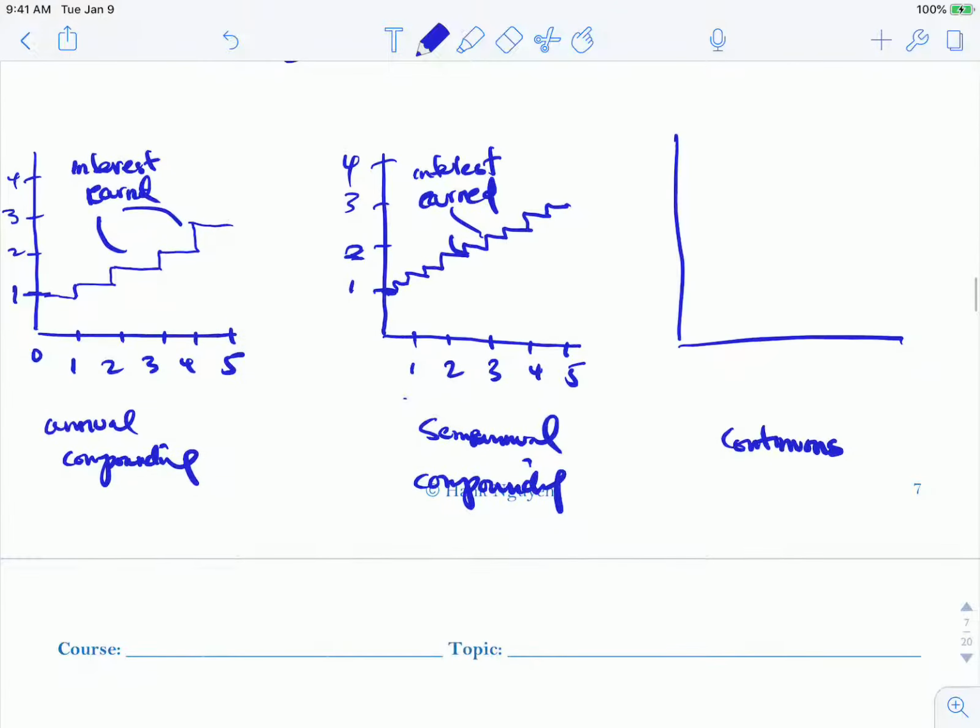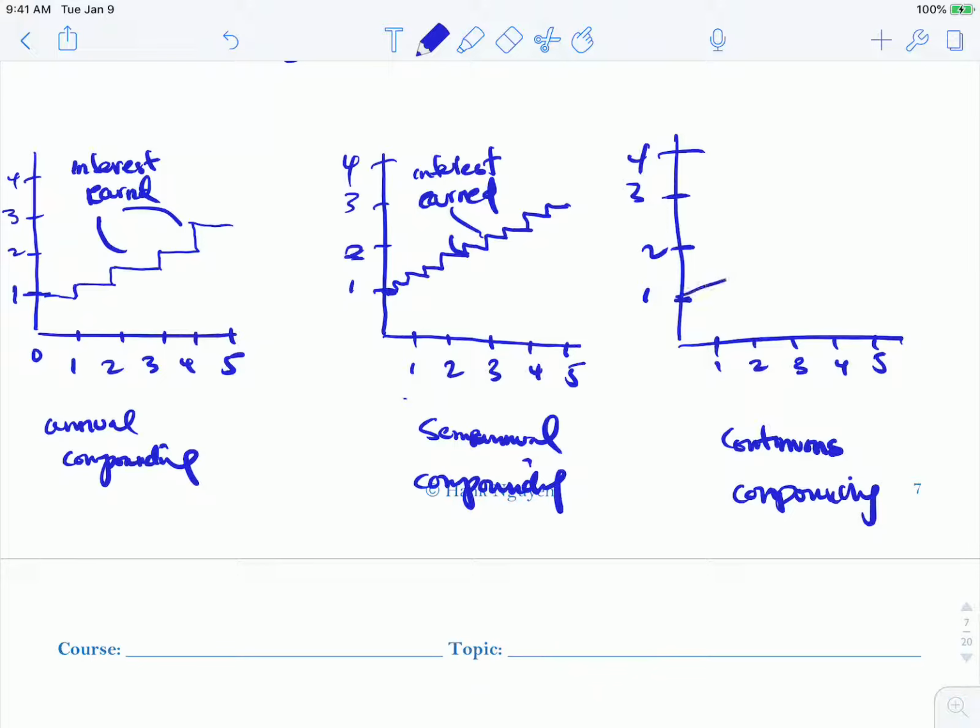You have years 1, 2, 3, 4, 5. In continuous compounding, it's not semi-annual, it's not annual.